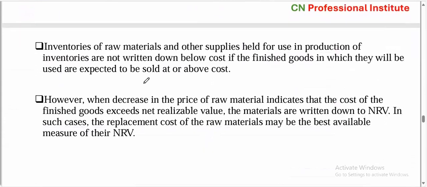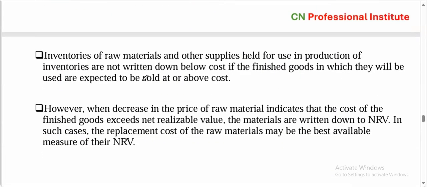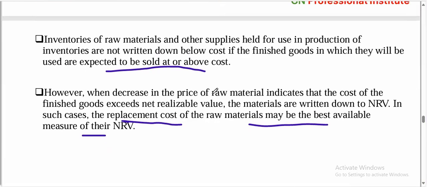The next slide has the same explanation. If the finished goods will be sold at a profit, then even if there's a decline, we don't measure them at the replacement cost of raw material. It's the same thing I've explained up there. Very good, so don't forget that.